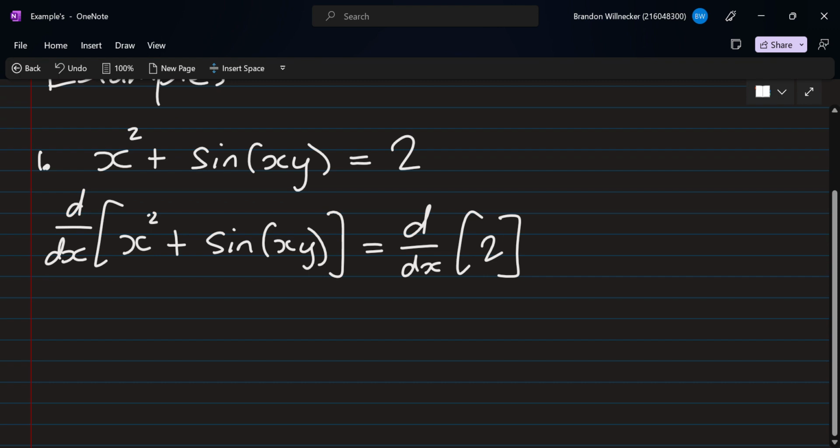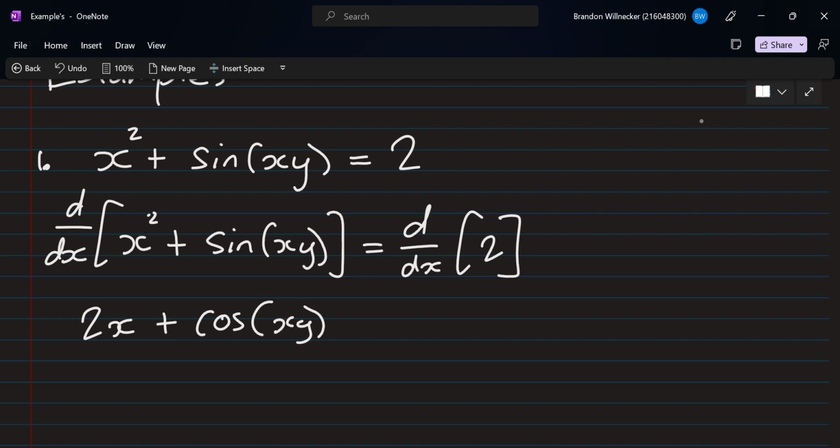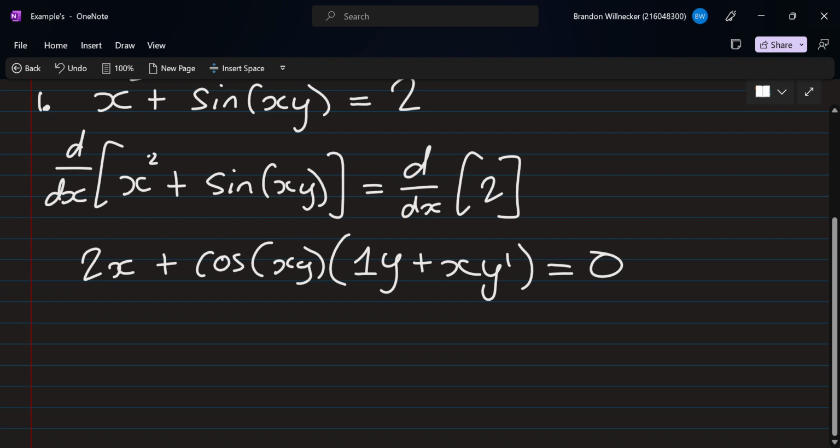So the derivative of x squared, that's going to be 2x, plus the derivative of sine, that's going to be cosine, the inside stays the same, times, now we have to take the derivative of the inside. So the derivative of x, that's going to be 1, times y, we leave the second part alone, plus x, and then we take the derivative of y, but that's just y prime. The derivative of 2, that's just going to be 0.